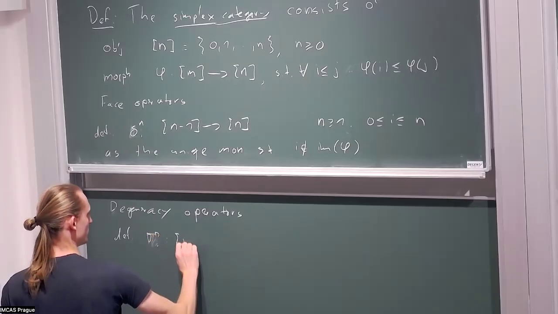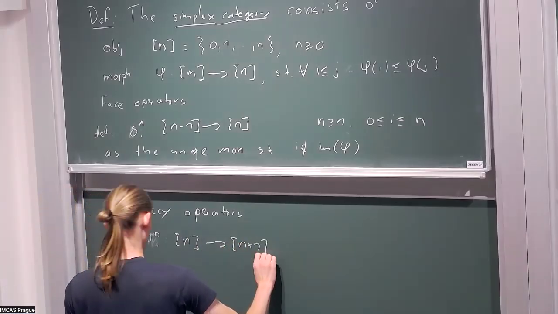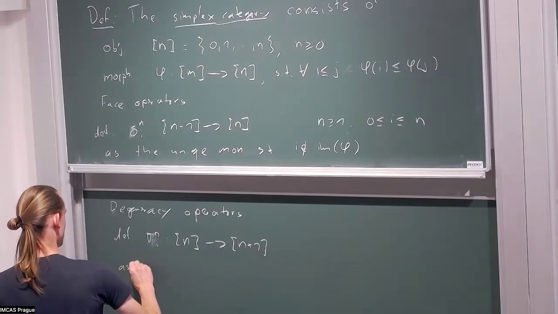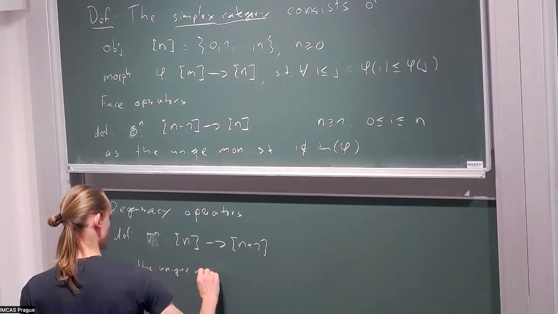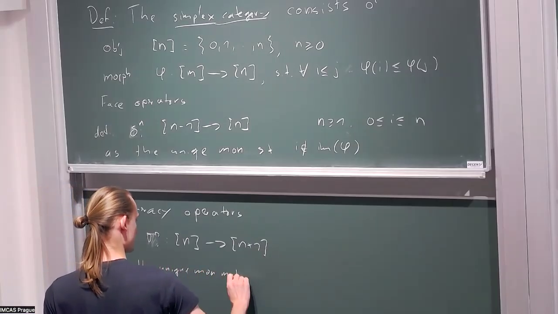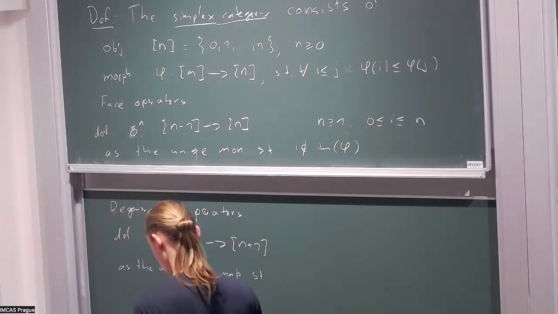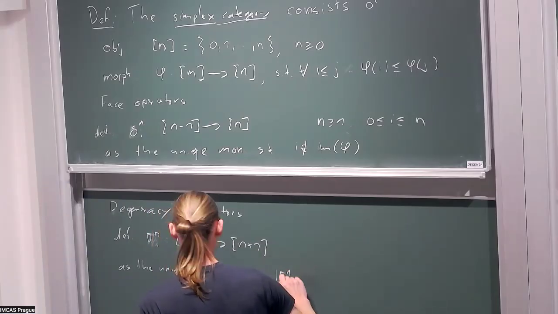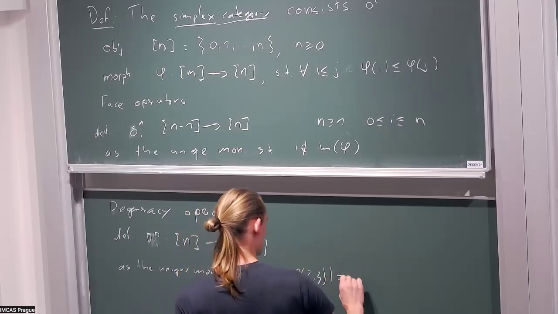Now this goes from [n+1] to [n], and this will be the unique monotone map such that the pre-image of i contains two elements.